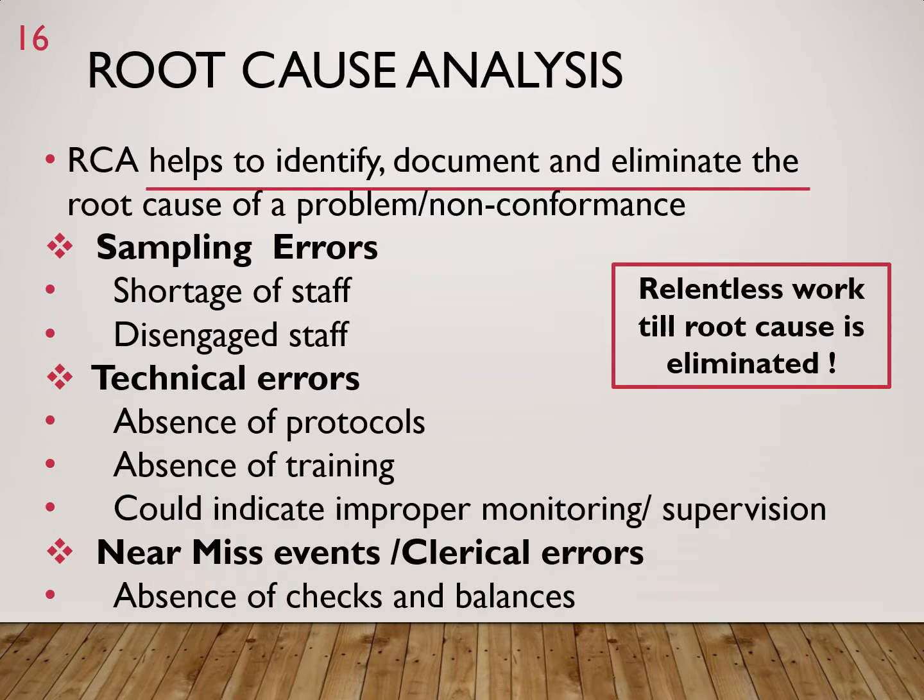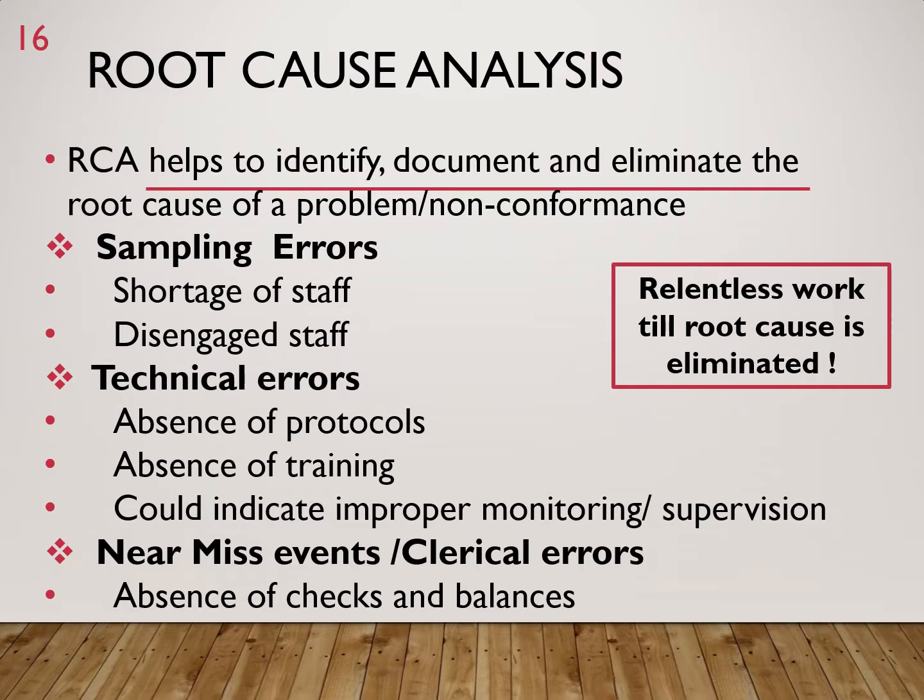RCA or root cause analysis helps to identify, document, and eliminate the root cause of a problem or non-conformance. A few examples of errors or gaps and possible root causes are listed below. Sampling errors could be due to shortage of staff or disengaged staff.